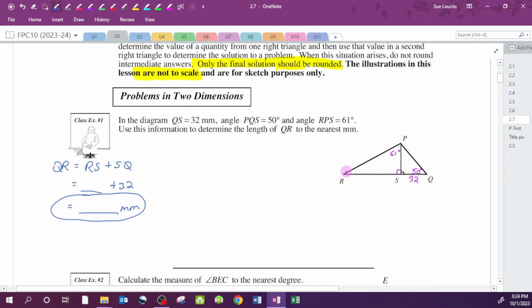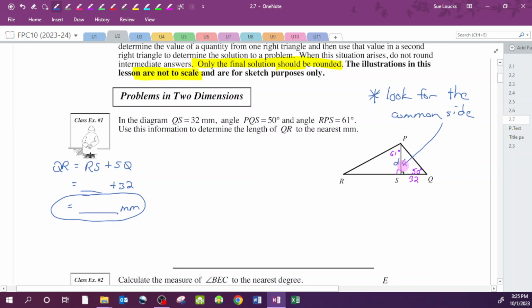So which side length am I likely to be able to find? Well, I'm not likely to find PR because there's nothing next to it. I'm much more likely to find this one. So I'm going to give that a D for distance. And so what I'm often looking for is the common side, the side that is in more than one triangle.